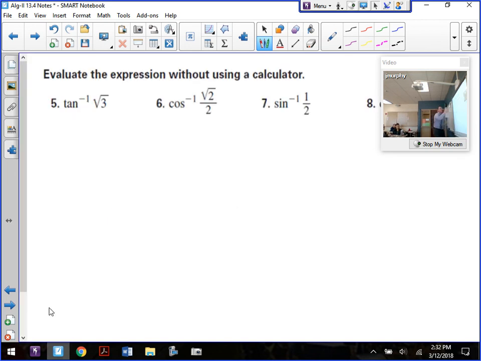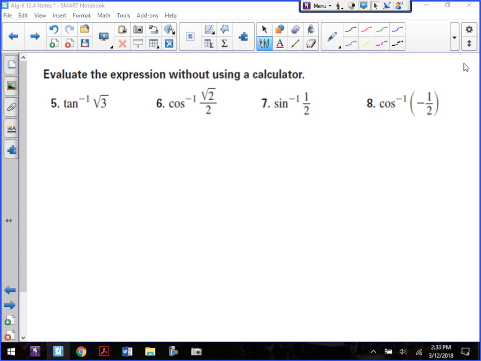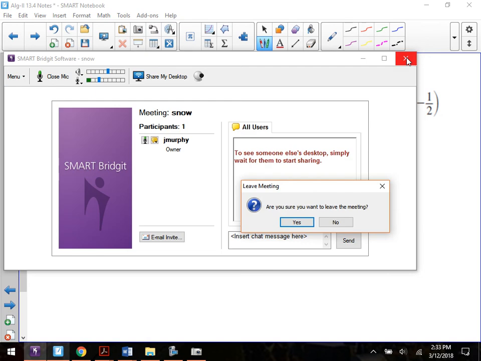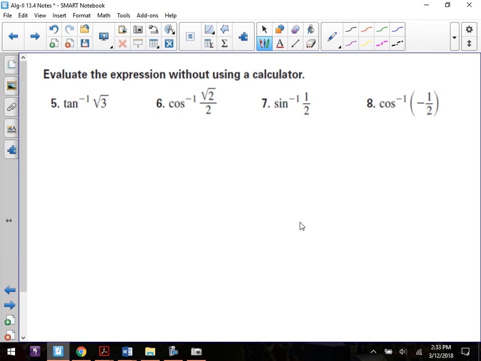Okay. What angle has a tangent of root 3? If I'm looking at that, it's positive, which means I'm going to go first quadrant.